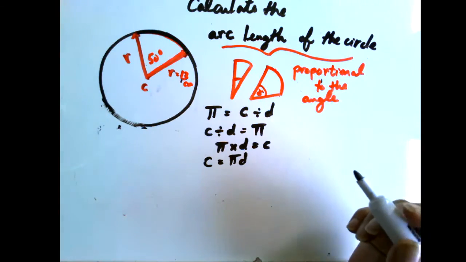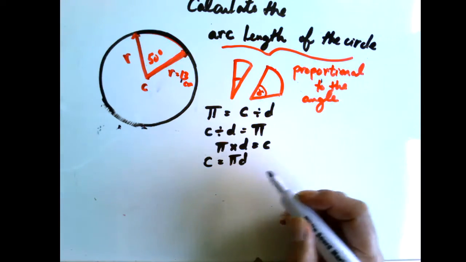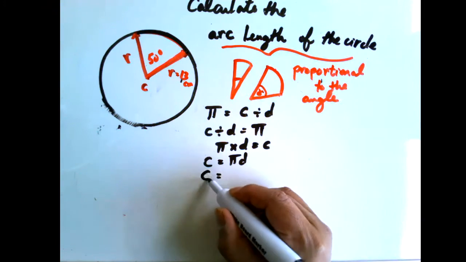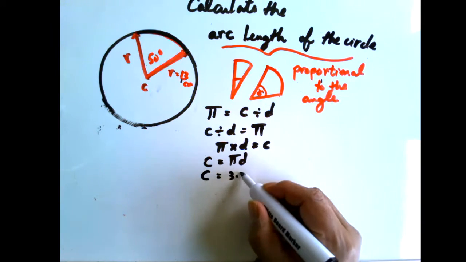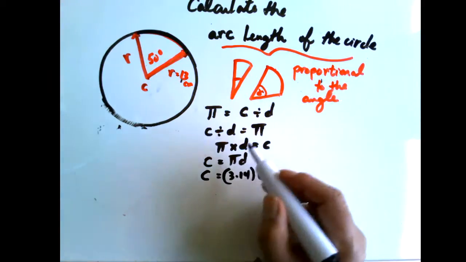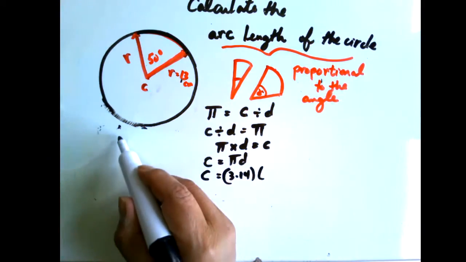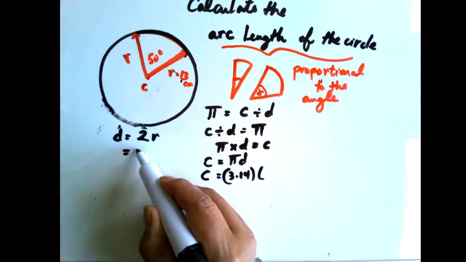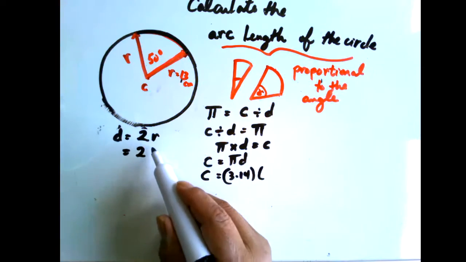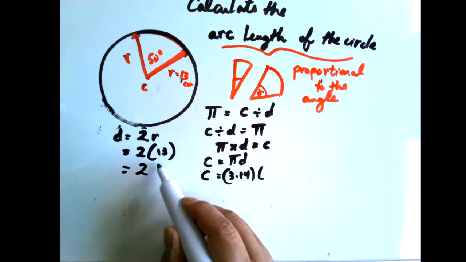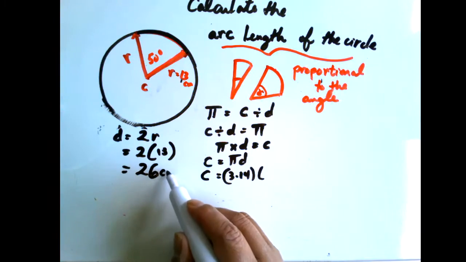Whoa, there's some kind of mistake in there. So we calculate the circumference, which is 3.14, that's the value of pi, times the diameter. The diameter is twice the radius. Twice the radius here is 13, so you have a diameter of 26 centimeters.